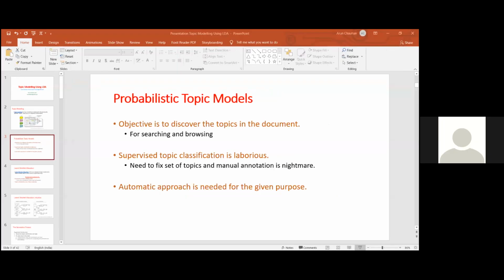Now it has started sharing. I hope my screen is visible now. So can I start?